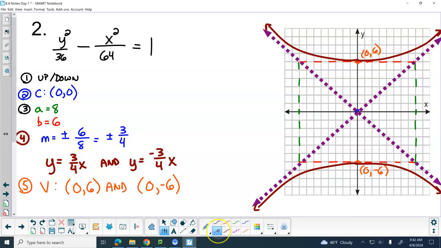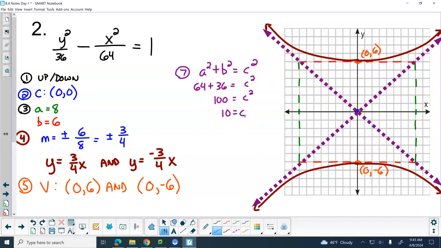And lastly, we need to find the foci. The formula for the foci was a squared plus b squared is equal to c squared. So that's going to be 64 plus 36. 64 plus 36 is 100. What is the square root of 100? 10.